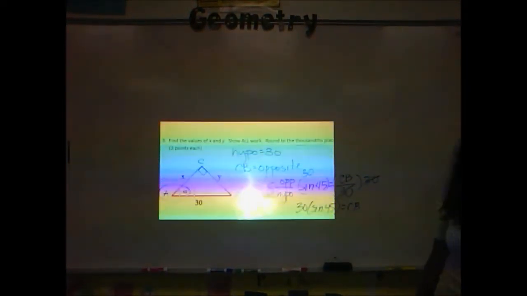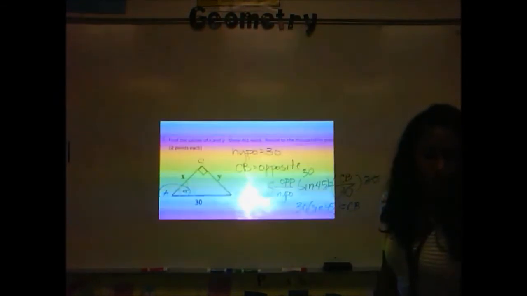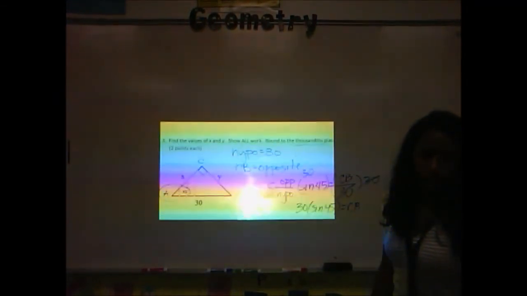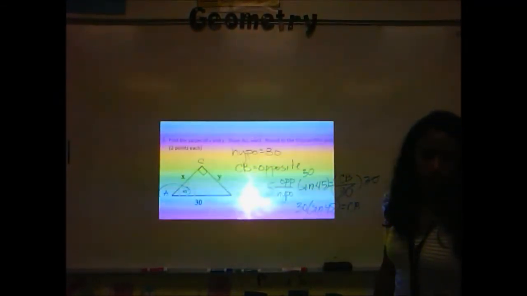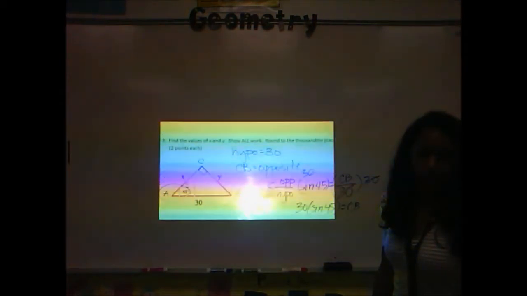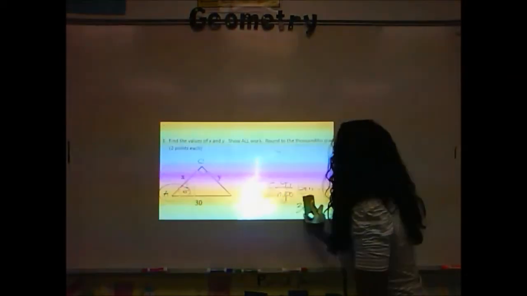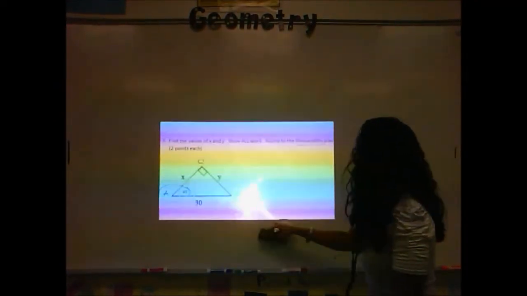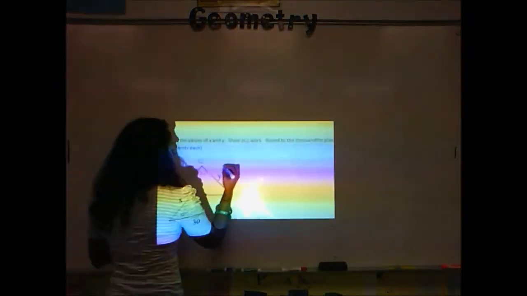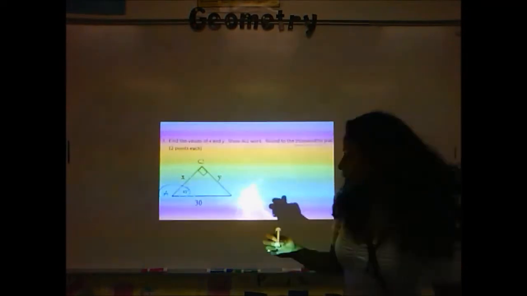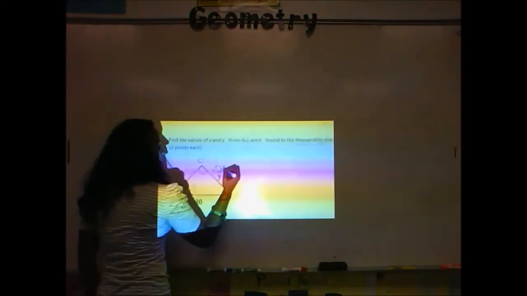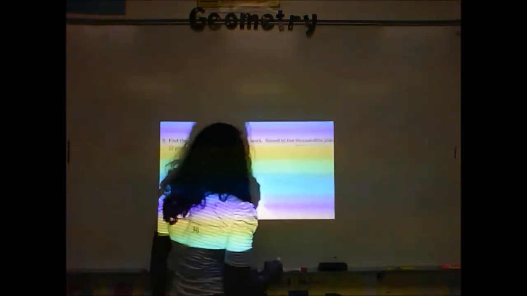Remember, we're rounding to the thousandths. 21.213. Awesome. So side CB, or y, is equal to 21 and 213 thousandths.